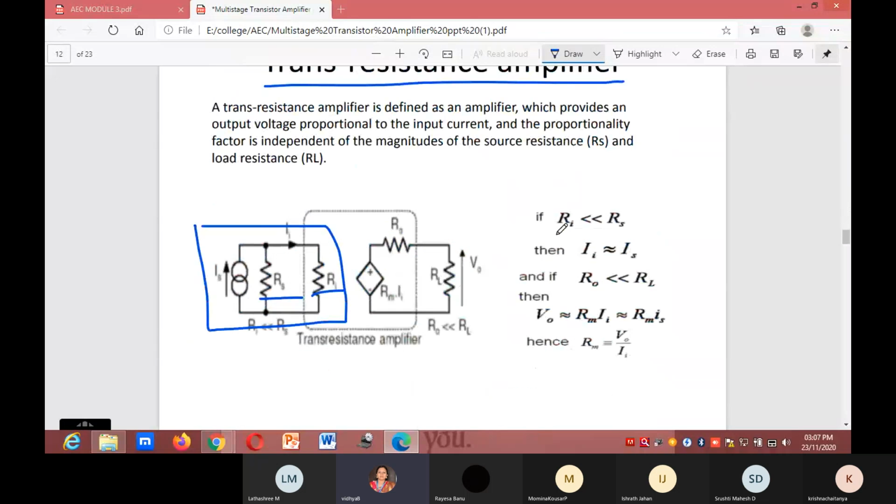So Ri is less than Rs, then Ii is equal to Is. On the output side, voltage: R naught less than RL, V naught equals Rm into Ii, that is equal to Rm into Is. Rm is equal to V naught divided by Ii from this equation.